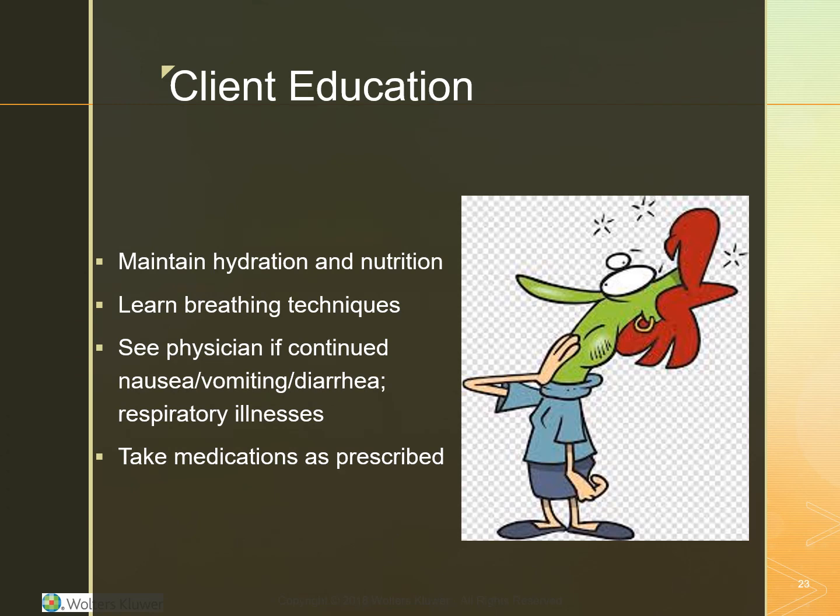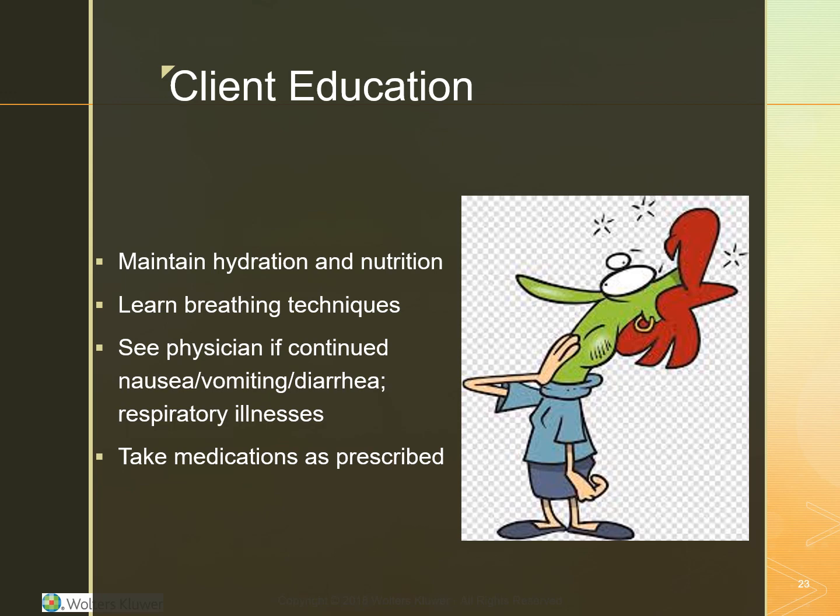The things that we really need to focus on when we're educating our clients include maintaining their hydration and nutrition, because we do know that these lead to acid-base imbalances. They need to learn appropriate breathing techniques. In other words, they don't want to breathe too fast or too slow, making sure they're breathing deeply enough.